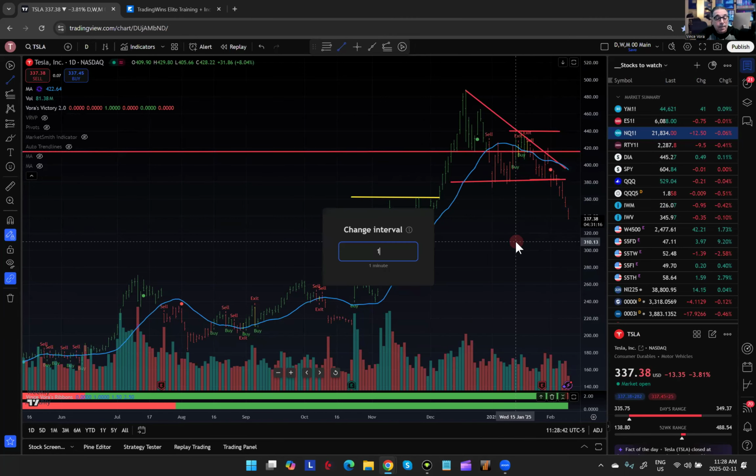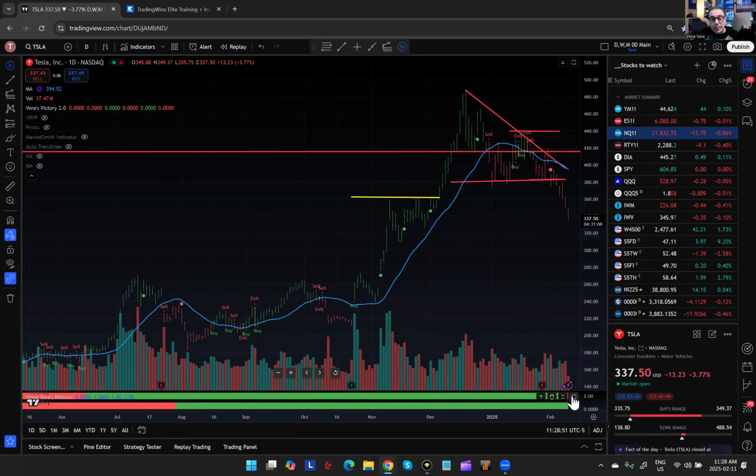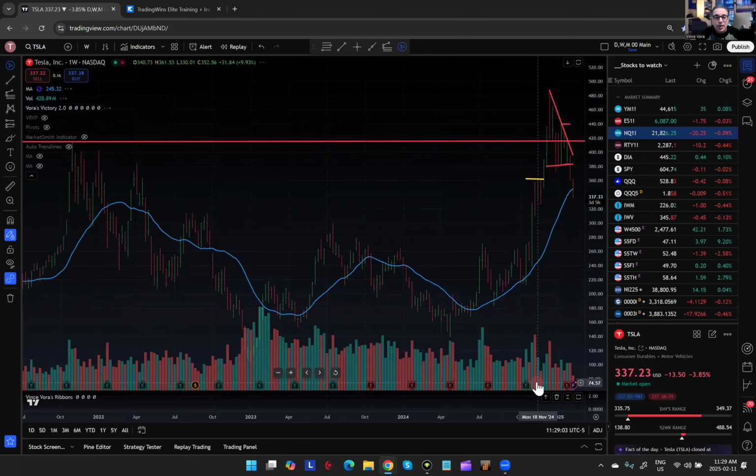But now, I should clarify something, that as you can see, you may have noticed that the ribbons, the weekly is green now, but the monthly is still, sorry, the weekly is red now, but the monthly is still green, right? So this wasn't a typical trade for me. If I was shorting, of course, I'd want all 3 time frames aligned.